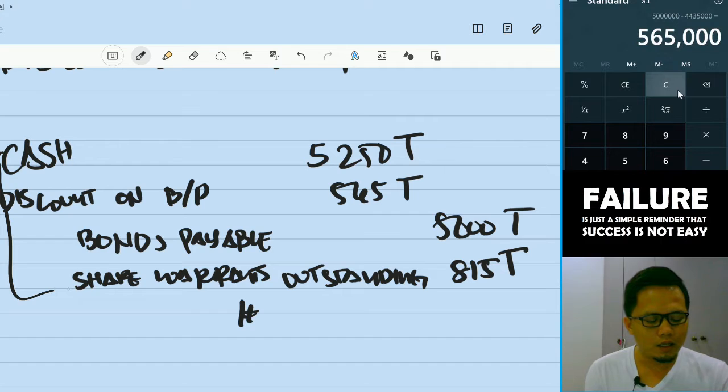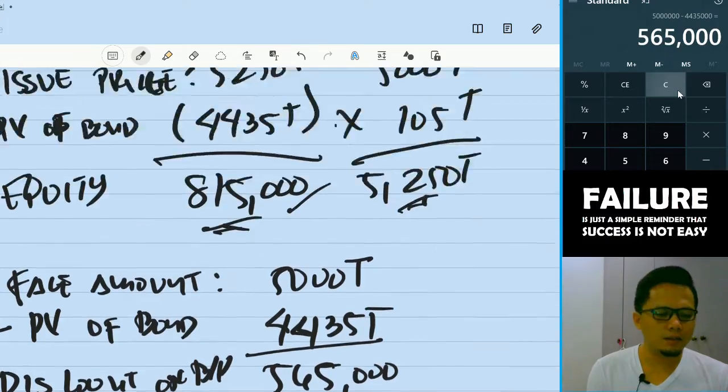Dito lang tayo nagkakaiba. We need to allocate based on fair market value or present value, whichever is applicable. Then credit the allocated price for the equity portion to share warrants outstanding. So, ang dali lang, di ba?